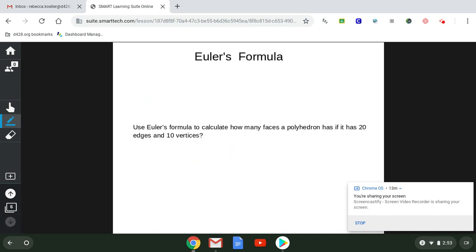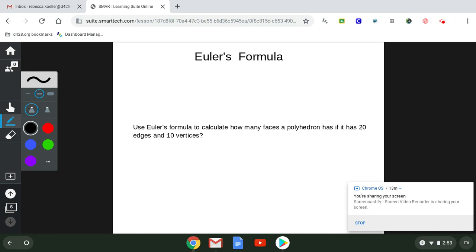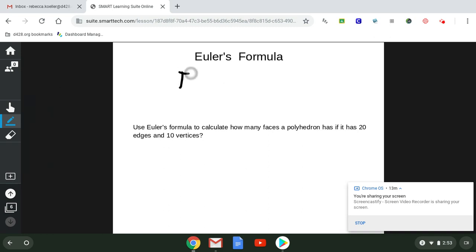All right, one last thing that I need to go over, and then we can be done, is Euler's formula. Euler's formula is faces plus vertices minus edges. No matter what the polyhedra looks like, it is always going to equal 2. Okay, that is a pattern that Euler found, that when you take the faces, add them to the vertices, and subtract the edges, you will get 2 every time.